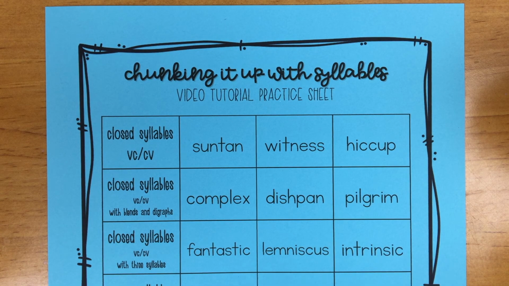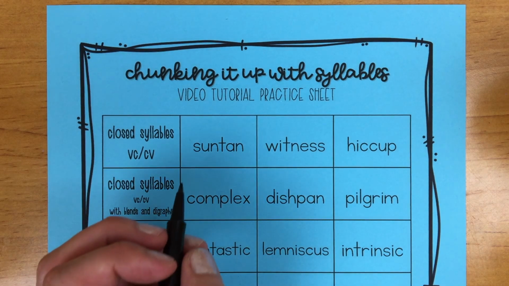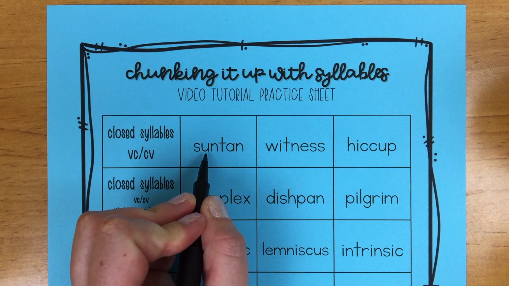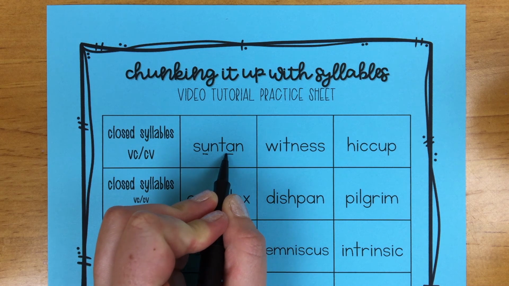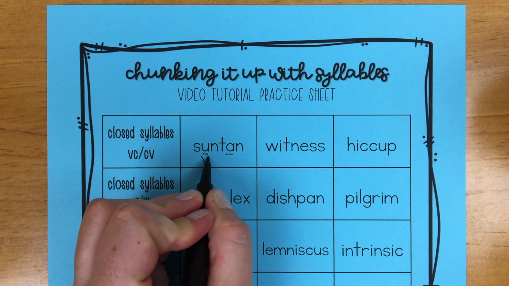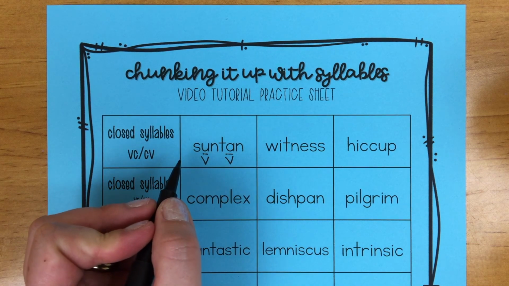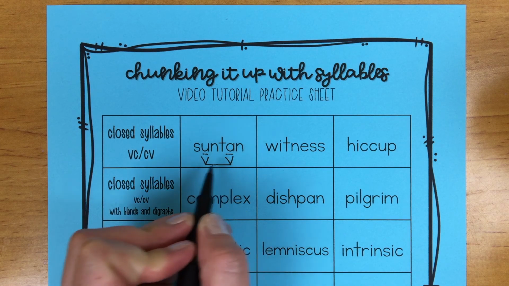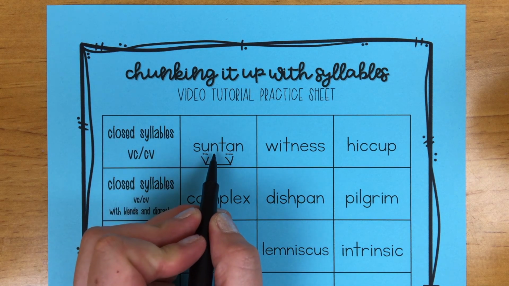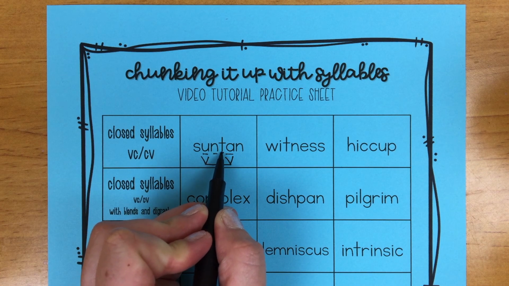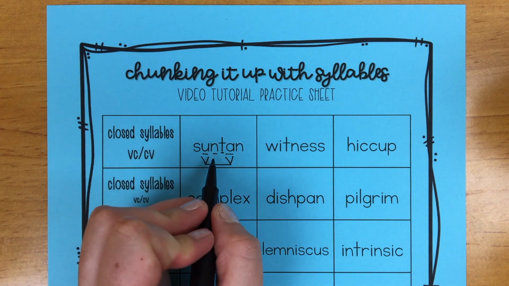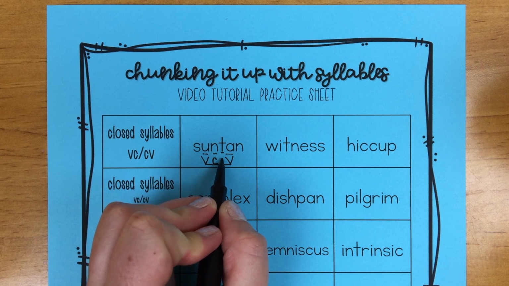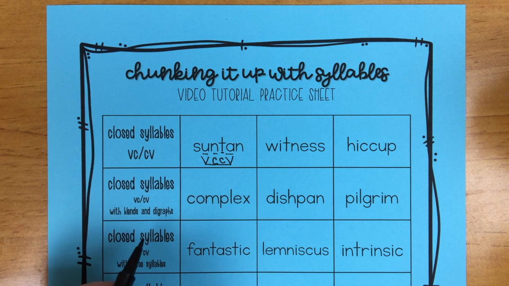Here we go. The first step is to find the vowel sounds and label them with a V for vowel. Then you can ask your students to build a bridge because we're only going to look at what's on top of the bridge, which is 2 consonant sounds.